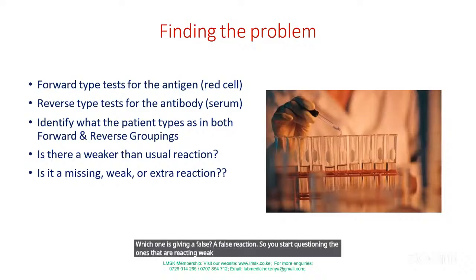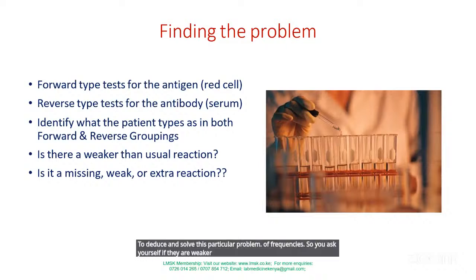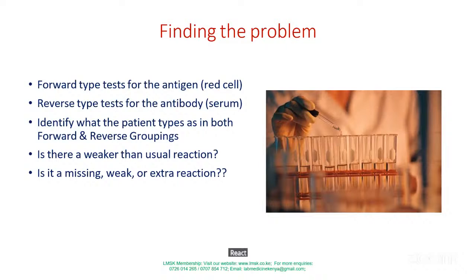Then based on the scenario, and the diagnosis of the patient plus the age, you are able to deduce and solve this particular discrepancy. So you ask yourself, if it is a weaker than usual reaction, is it a missing one? So if it is weak, then what is it? If it is forward typing, you'll be asking yourself whether it is a missing, weak, or extra antigen.